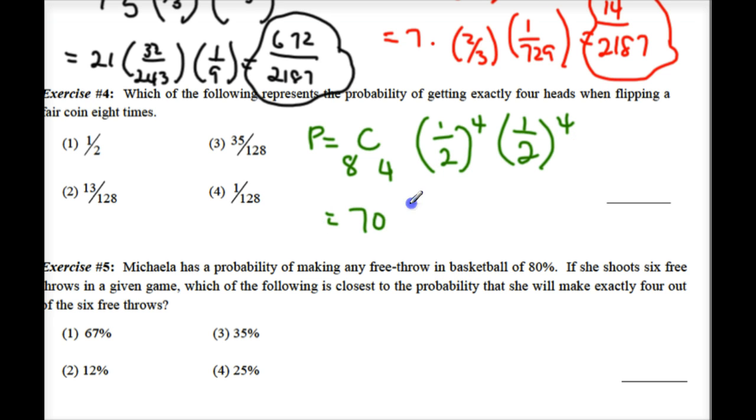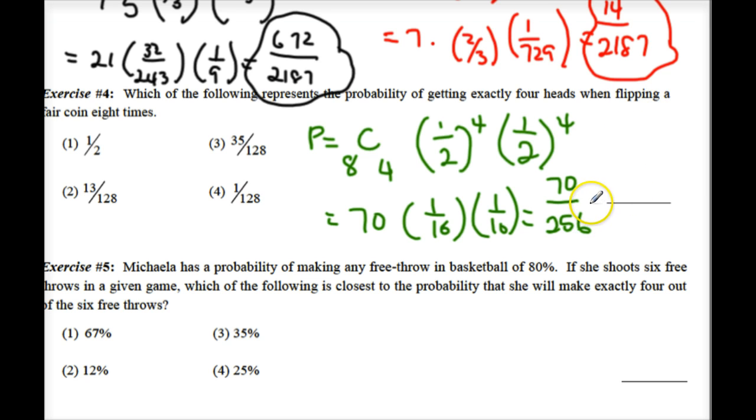This will be 70 times 1 over 16 times 1 over 16, which will give me 70 over 256, which will go ahead and simplify to 35 over 128, which is choice 3. What is my success? What is my failure? That's it.